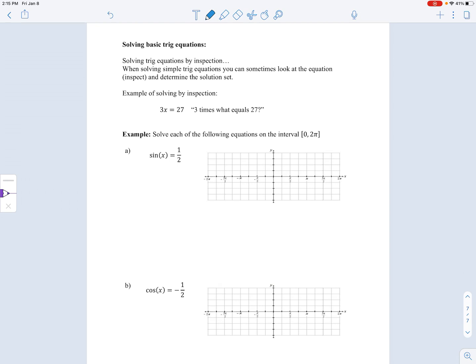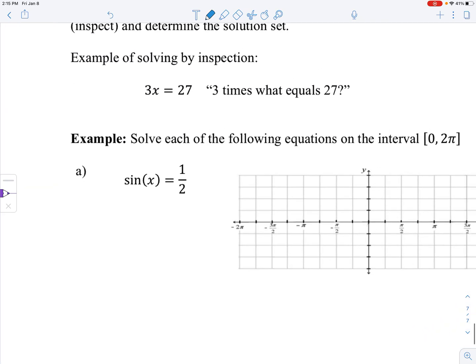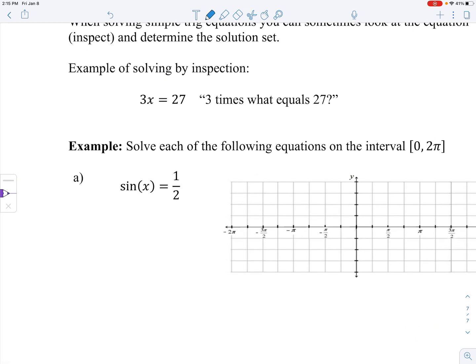Same thing for simple trig equations. So usually sine, cosine, or tangent, or one of the reciprocals of x or of theta, or whatever the variable is, equal to a ratio from the unit circle. And then you can state what the solution is.